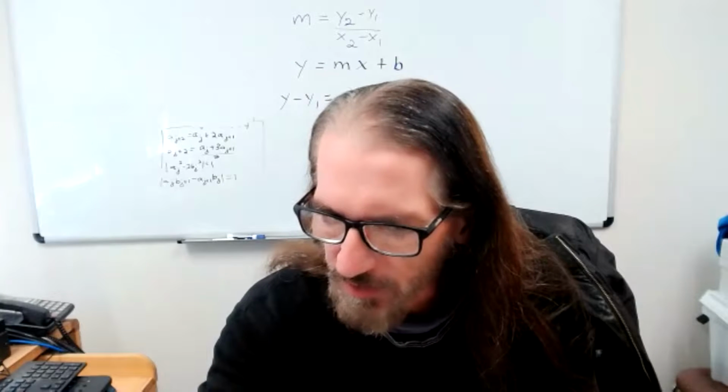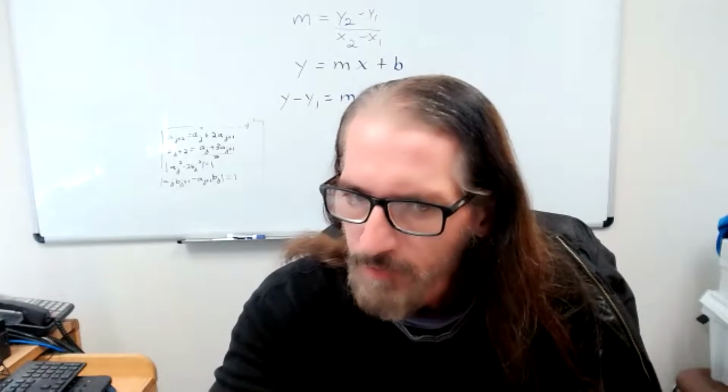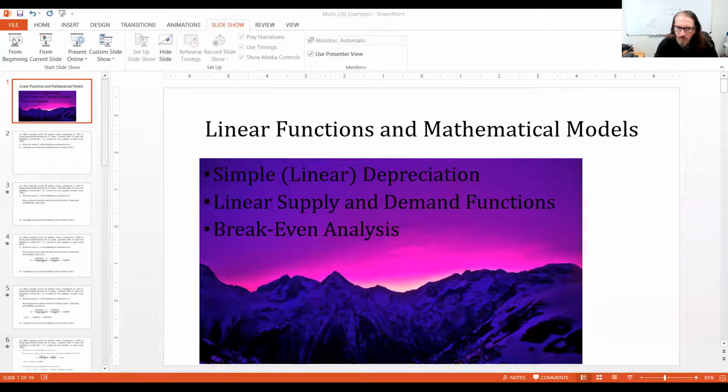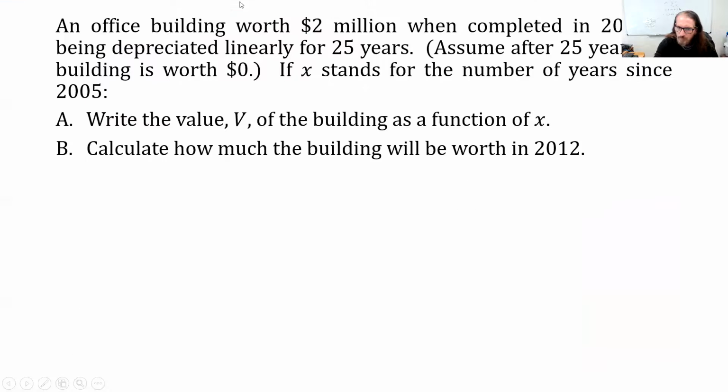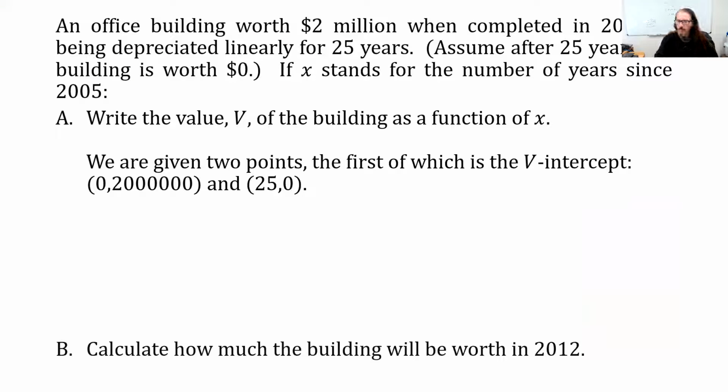So back to the screen share. All right, so first off, since we're told that it's worth $2 million in 2005, which is year 0, since X is the number of years and the value is standing in for Y, then we've got one point is (0, 2 million).